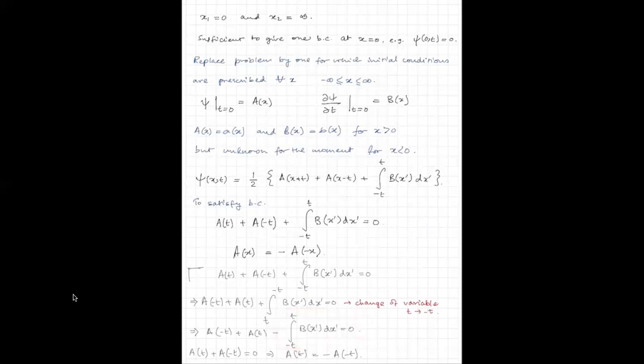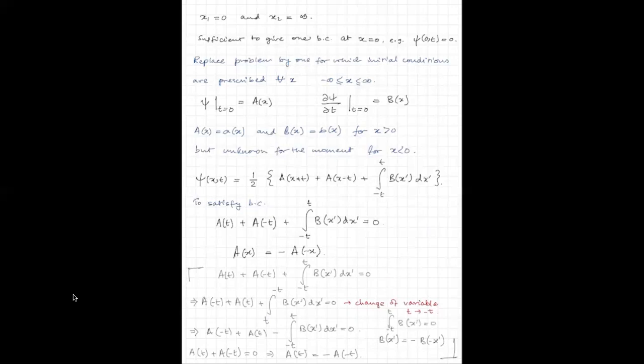So that simply means that b of x prime is equal to minus b of minus x prime. This is because the integral of b of x prime from minus t to t is equal to 0.